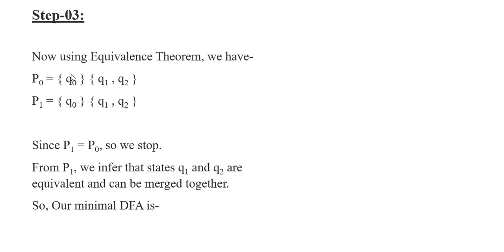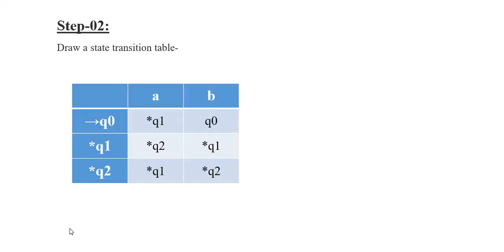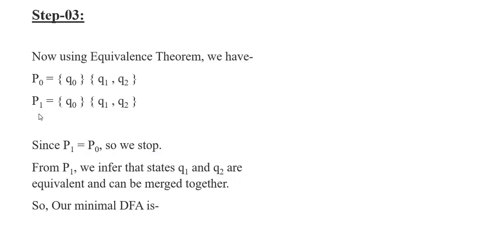So next P1: there is no unique relation, like Q1 on A goes to Q2, Q2 on A goes to Q1, so there is no unique relation. Q1 on B goes to Q1, Q2 on B goes to Q2, so no more partition from this. So P1 is equal to Q0, Q1 comma Q2.